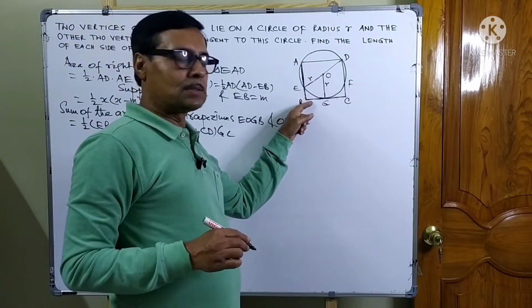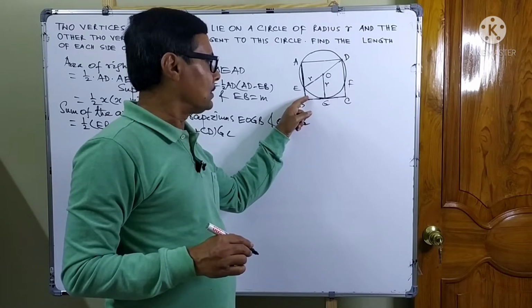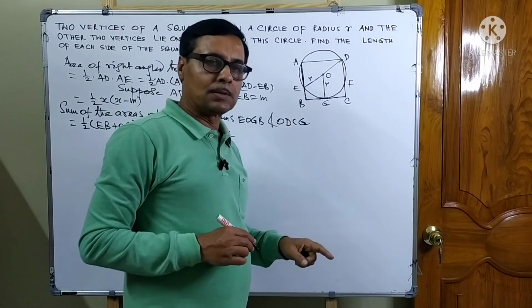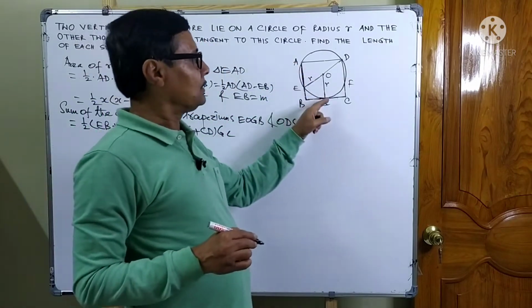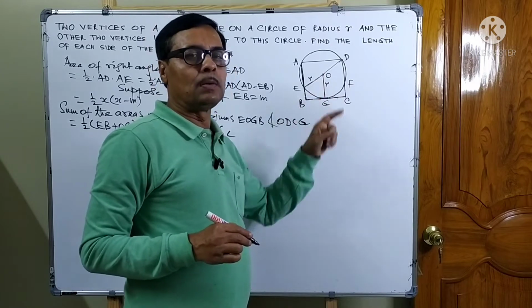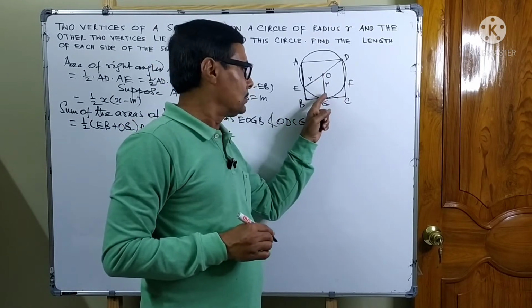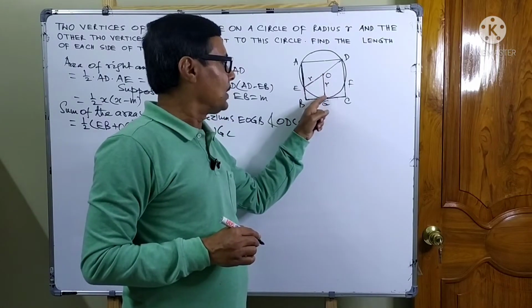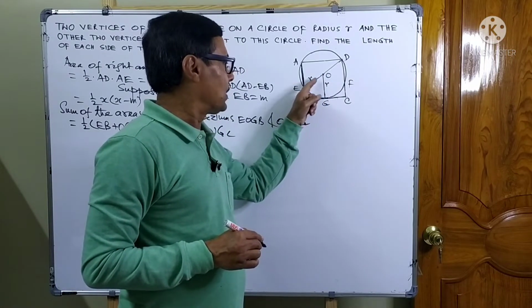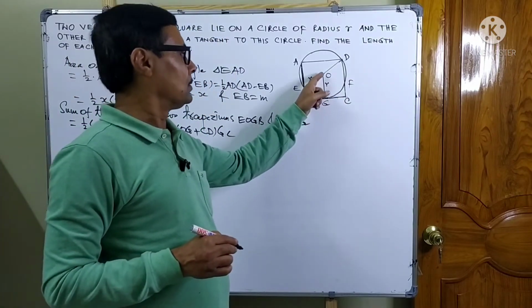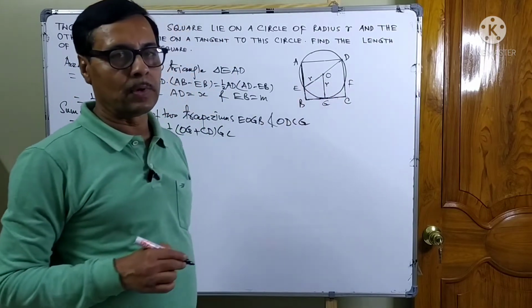So, all angles are 90 degree, and this is also 90 degree because OG is a radius of the circle passing through the point of contact. So, OG is perpendicular to this tangent BC. These are two perpendiculars to the same line BC. So, they are parallel. So, OG and EB are parallel.